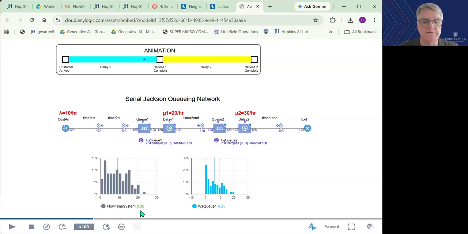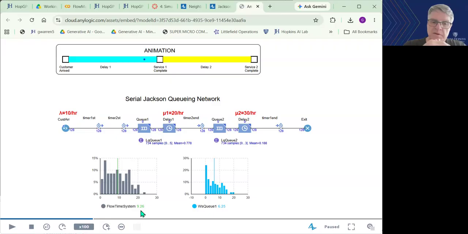All right, so that averages out at 9.26 minutes to clear the system overall. And then the time at the first workstation is 6.25 minutes. So the balance, about 3 minutes and 1 second, according to current estimates at workstation 2.